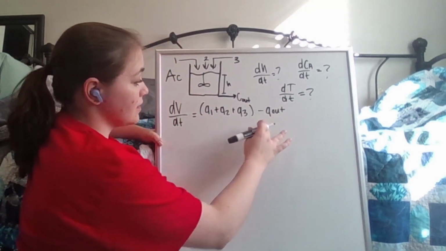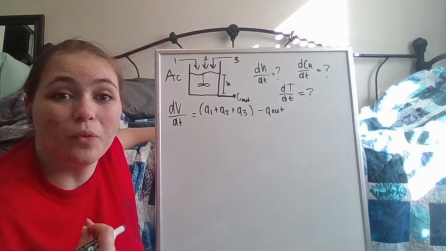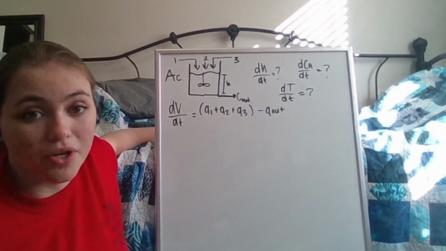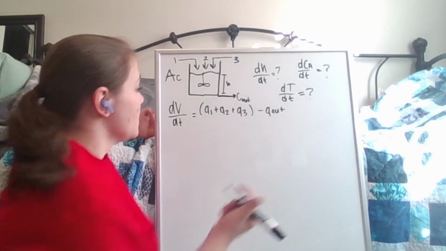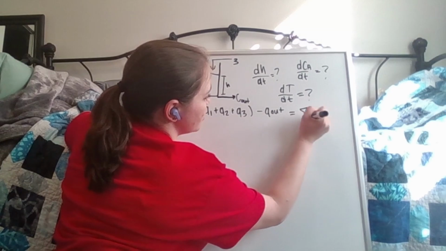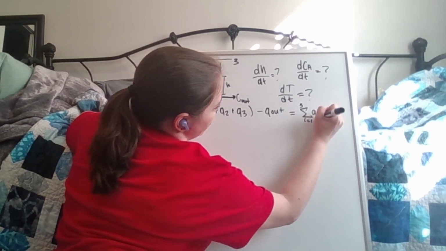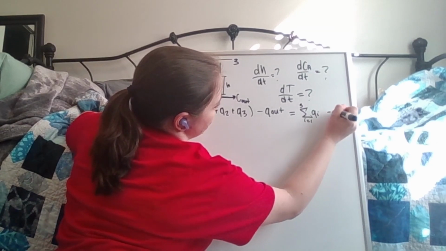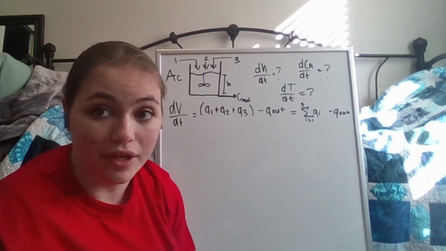Now, there's an easier way to say this, and it's also going to make life a lot easier when we code, because we can change the number of iterations if we do it as a summation. So we're going to say that that is equal to the summation from i equals 1 to 3 of Qi, and then minus Q out. That's just going to make our life easier in the long run.